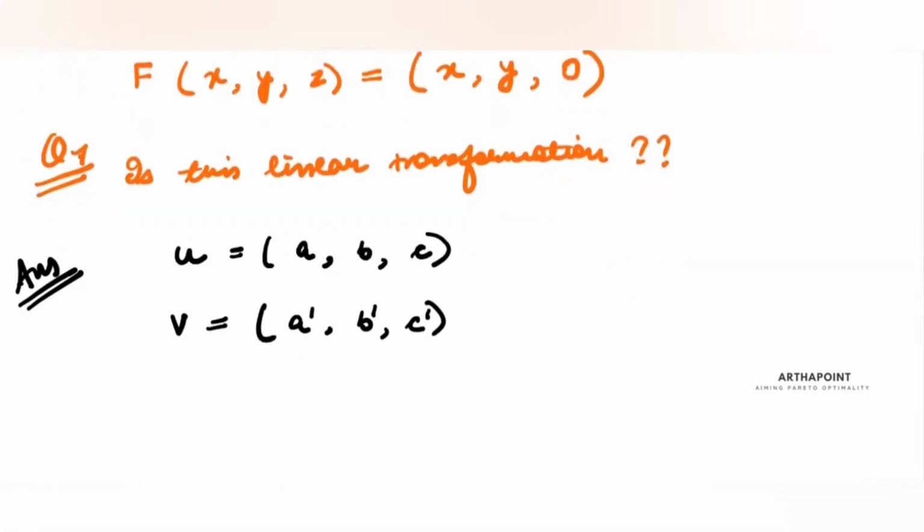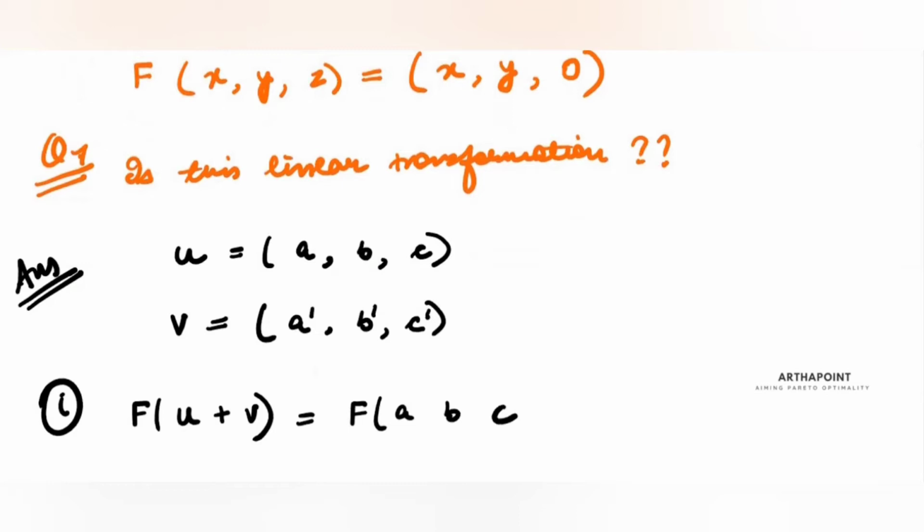Now what is the first thing that I have to do? I have to find f of u plus v. So this will be f of u, where u is a, b, c, plus v, where v is a dash, b dash, c dash. And then I have to apply the function on top of it after adding.